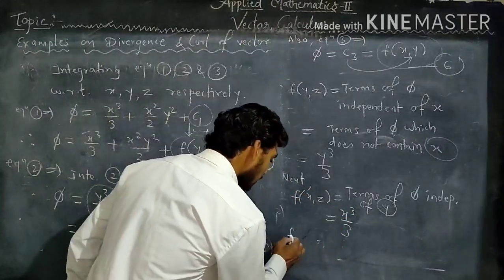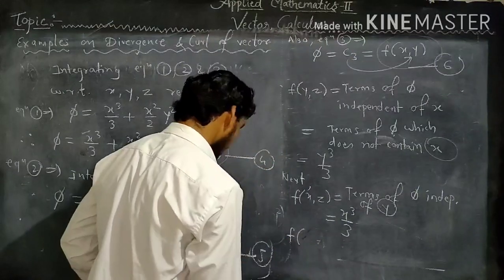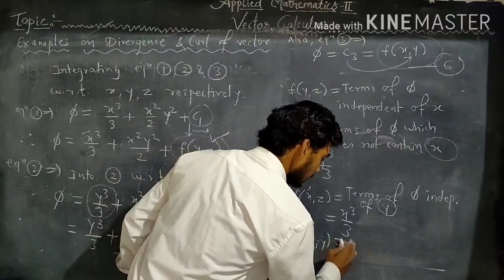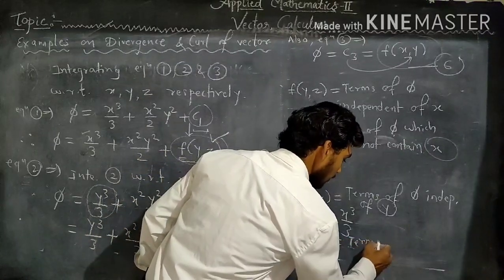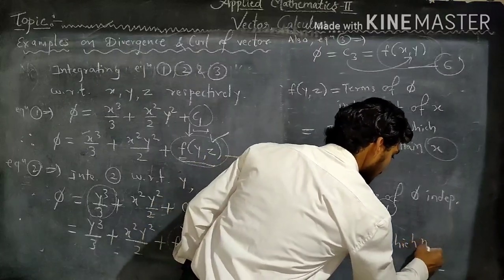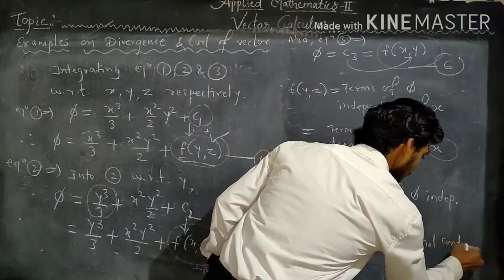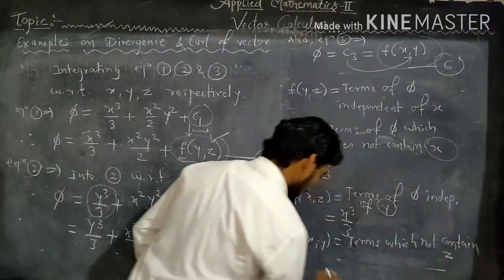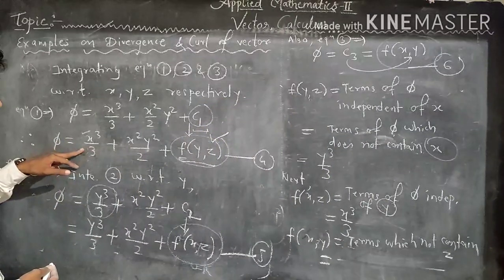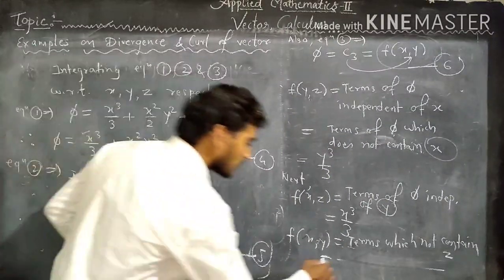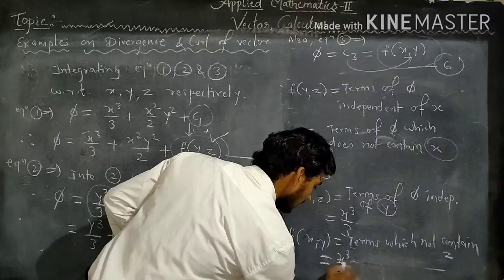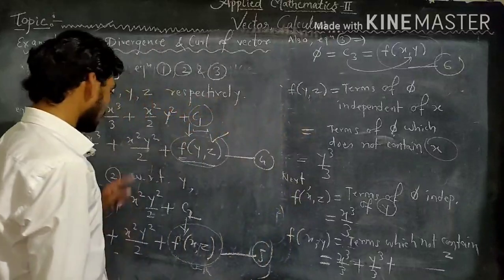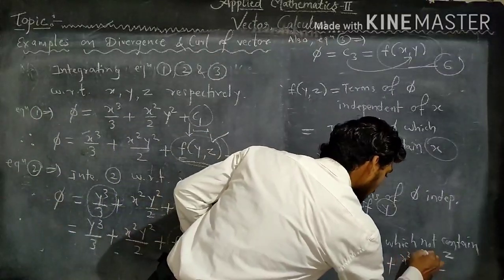Similarly f of x comma y is the terms which do not contain z, which is x cube by 3 plus y cube by 3 plus x square y square by 2.